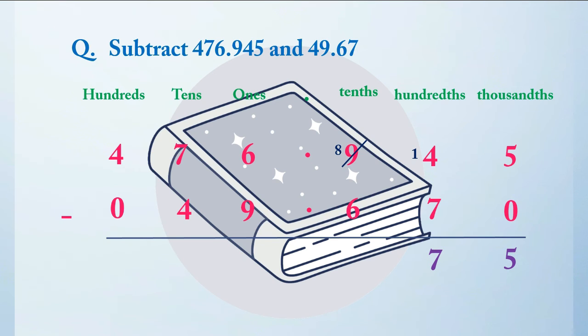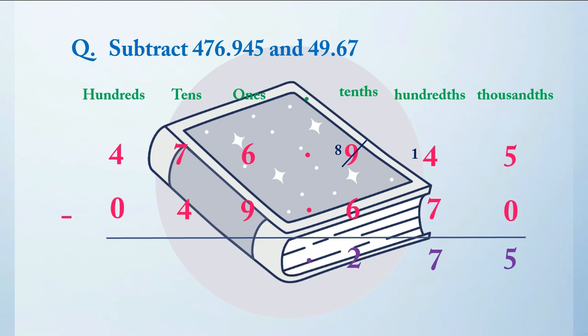After this we will subtract 6 from 8. So 8 minus 6, 2. We'll copy the decimal point below the decimal point. Again, we cannot subtract 9 from 6. 6 is a smaller digit and 9 is a bigger digit. So we have to borrow 1 from the 7 or from the tens place.